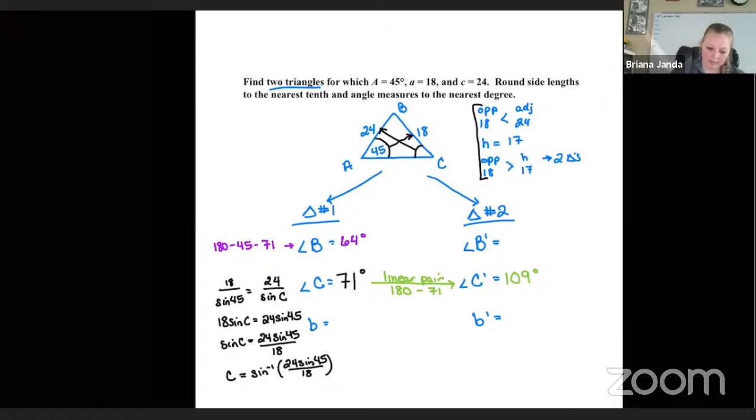And then to find B, we again use this, always, for everything in this entire problem: 18 over the sine of 45 equals side little b over the sine of 64. And that should come out to 10.2.